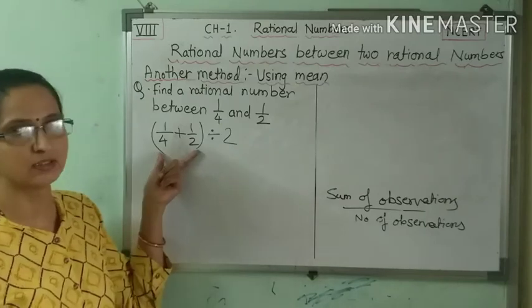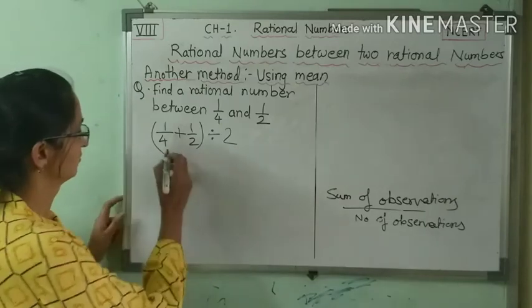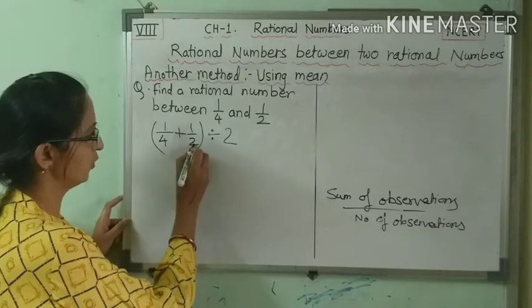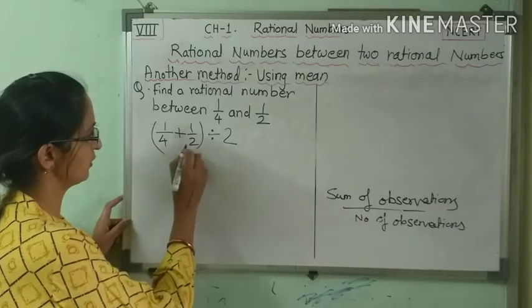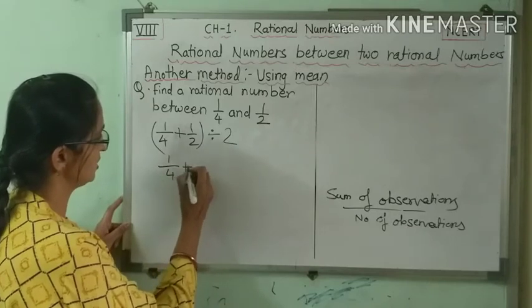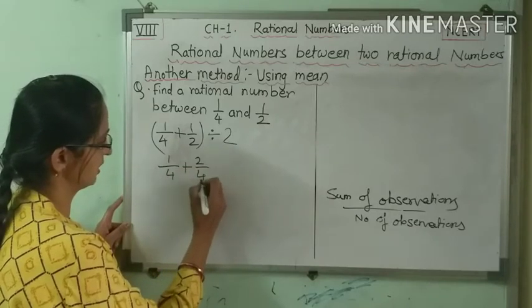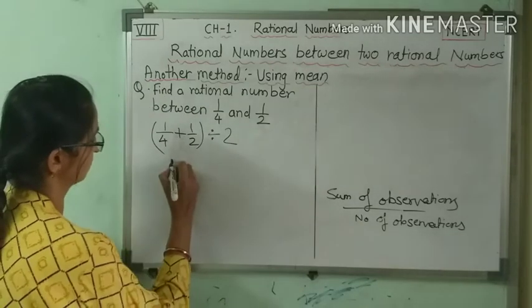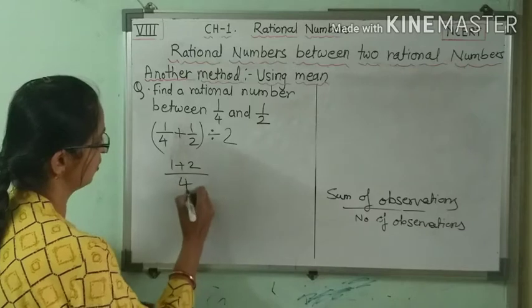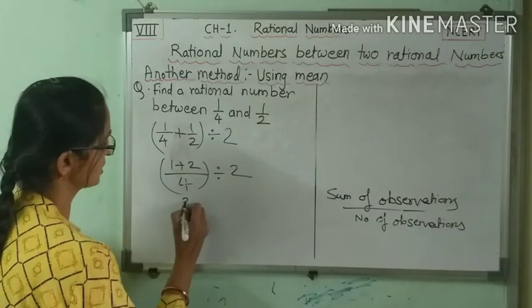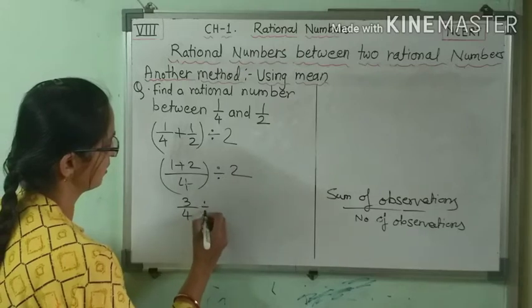For addition, we first calculate the LCM. LCM of 4 and 2 is 4. So write 1 upon 4 plus 2 upon 4, that is 1 plus 2 upon 4, and divide this by 2. 1 plus 2 is 3 upon 4, divided by 2.